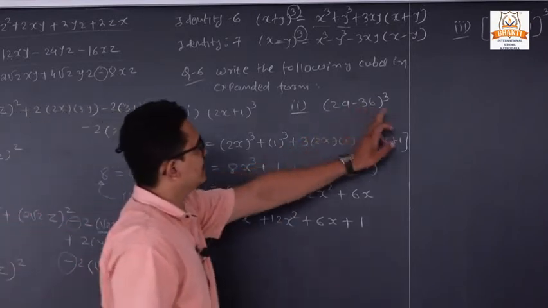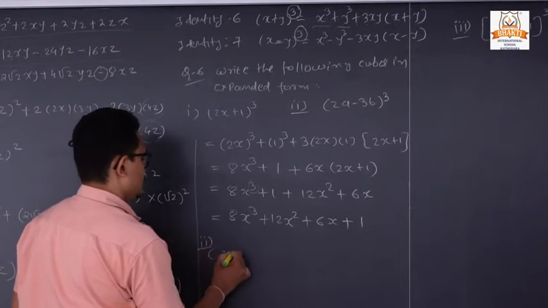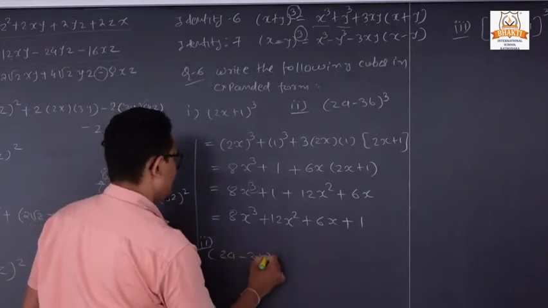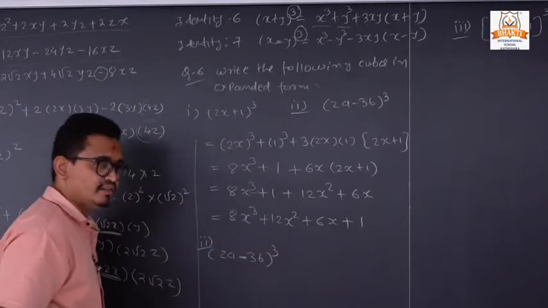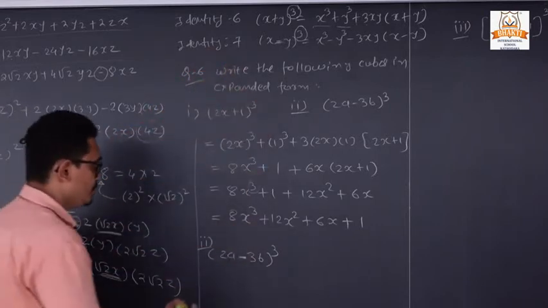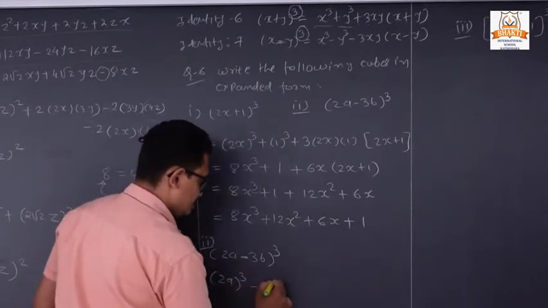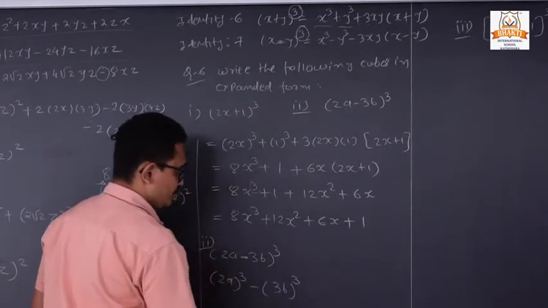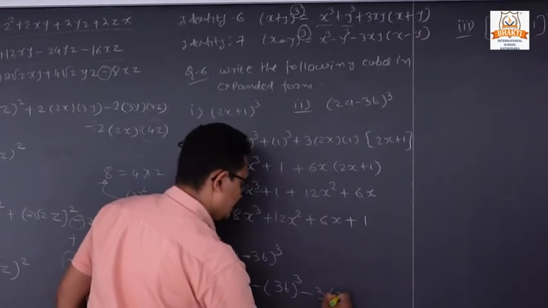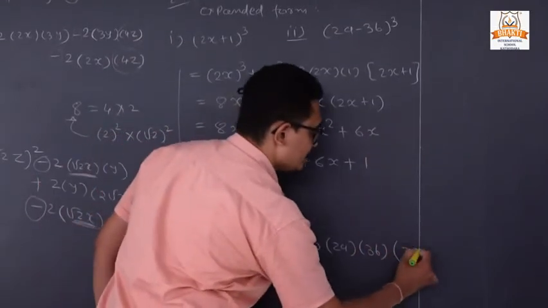Now question number 2, 2a minus 3b all cube. Here we have a minus sign, so it is our identity number 7. So 2a cube minus 3b cube minus 3 into a into b in bracket a minus b.